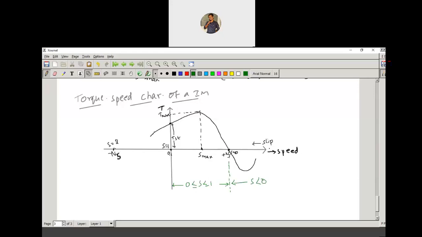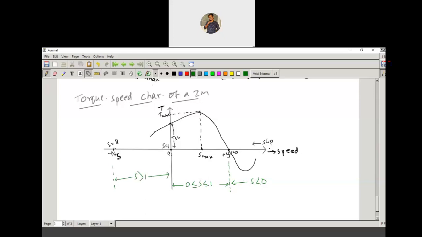There is a negative slip here, where Ns is less than Nr. The motor speed is more than the synchronous speed in this region. And coming to this region, the slip is more than 1.